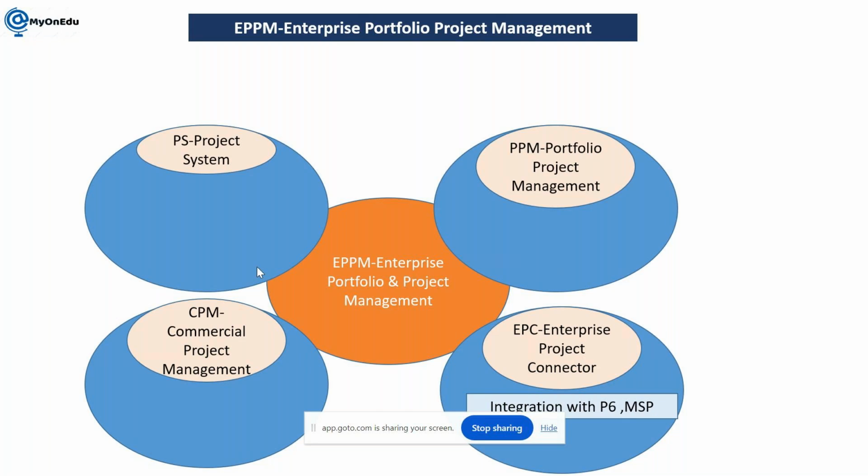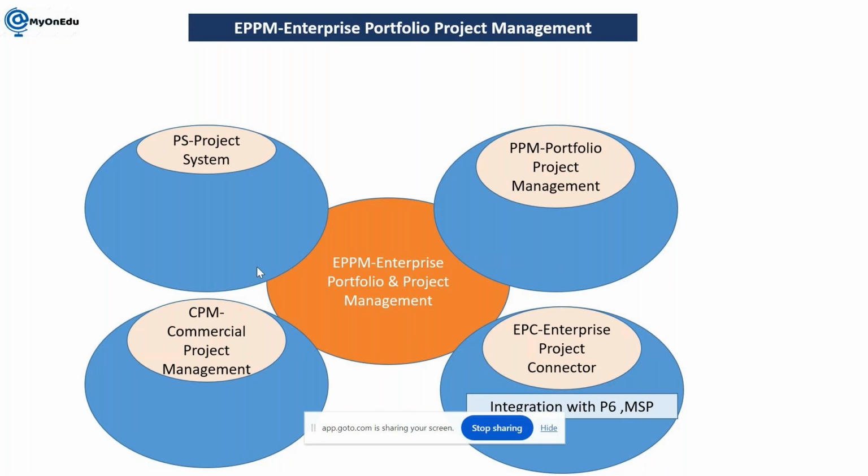Almost all modules can be integrated with project system. Okay, so whenever we are buying SAP, project system by default comes with the same common license. Okay, and some functionality used to be added as per industry specific, which we call add-ons.